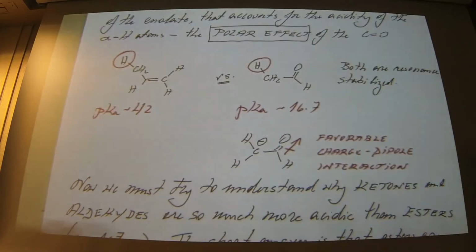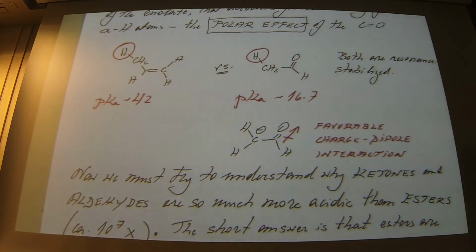So yes, they're both allylic, but no, they're not the same, because oxygen is not carbon. Oxygen is electronegative, and in the enolate the negative charge sits on the electronegative oxygen atom in the dominant resonance form. It's much easier to form an enolate than to form an allylic carbanion by deprotonation.